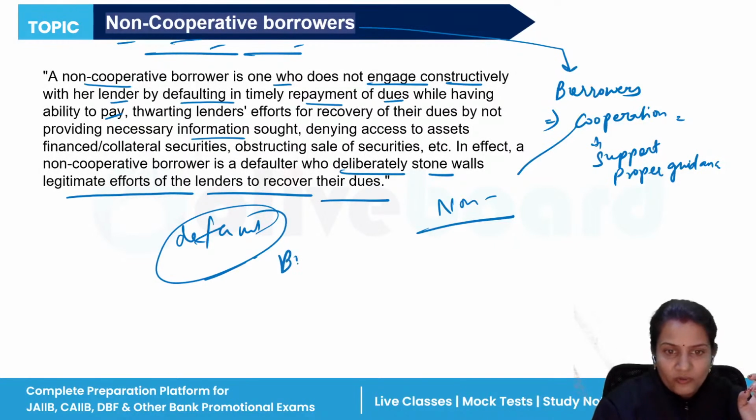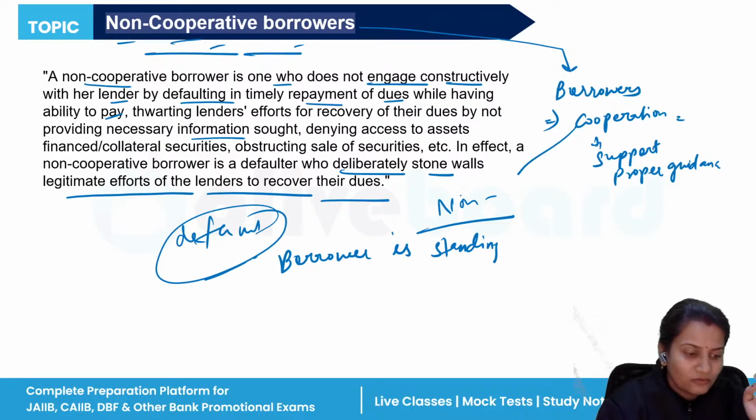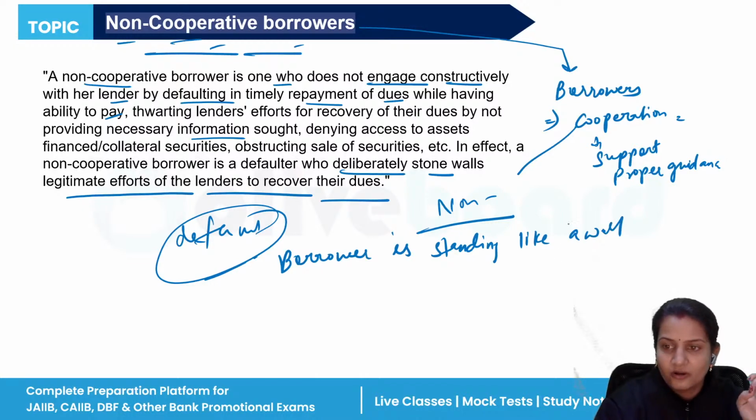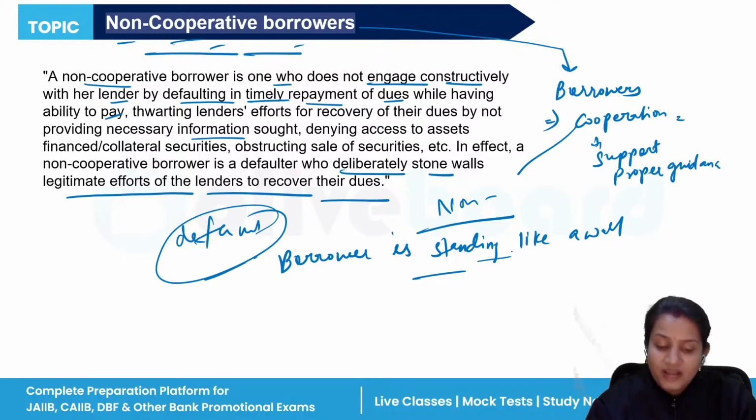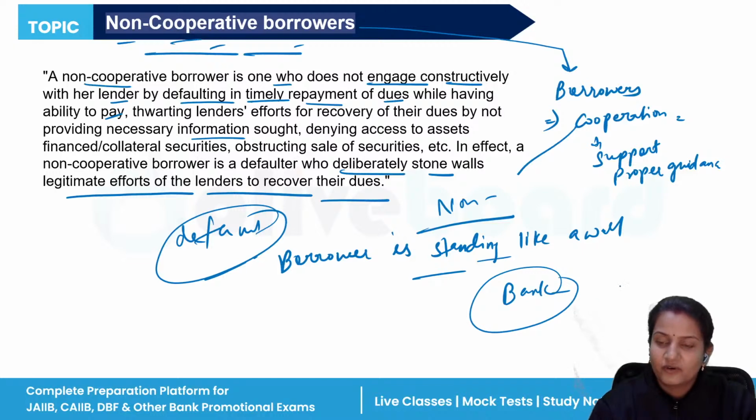Means the borrower is standing like a wall in doing cooperation, not supporting at all, always saying, okay, I will pay it later on, I will pay it later on. Non-timely repayment of dues means the borrower is standing like a wall between the bank and the bank's ability to work hard so that they may get their loan back.